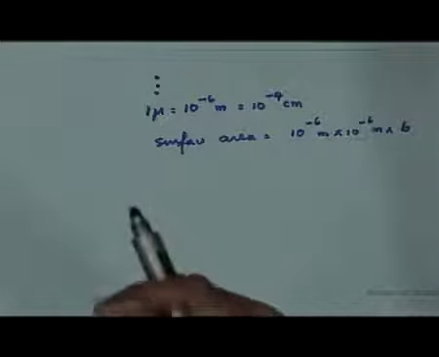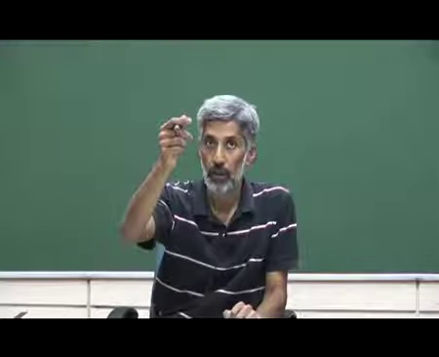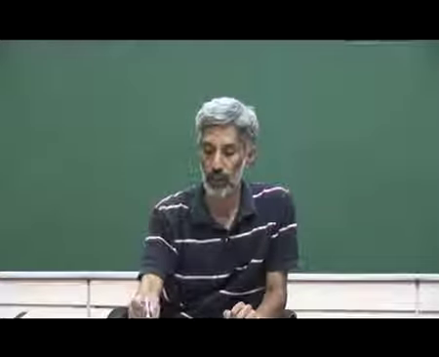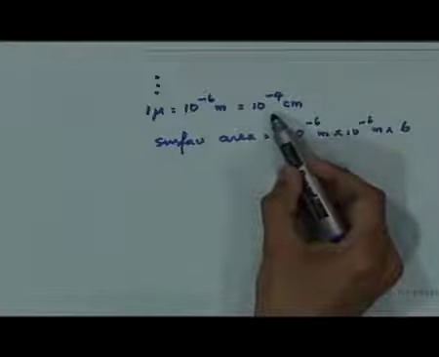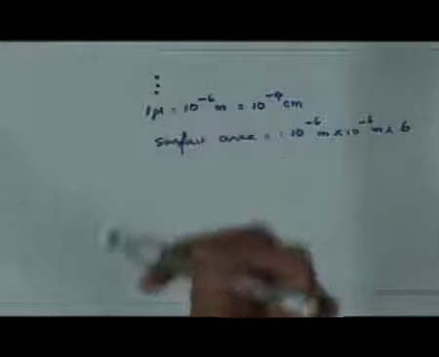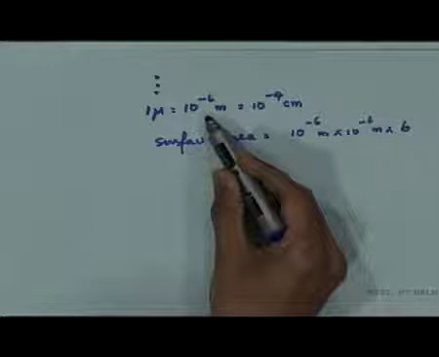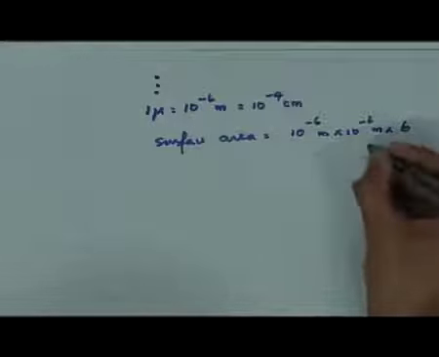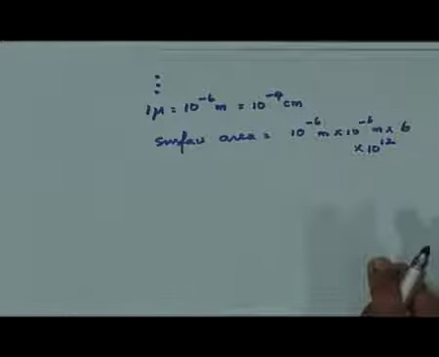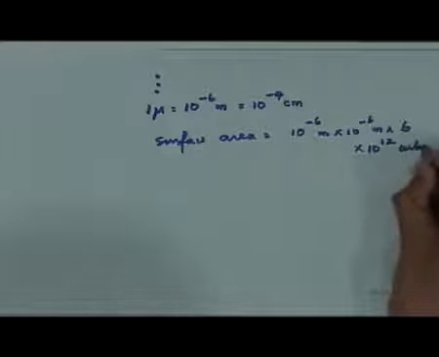But in going from 1 centimeter down to 10 to the minus 4 centimeter, or from 10 to the minus 2 meters to 10 to the minus 6 meters, I have gone down by 4 units. So, I would then have to multiply it by 10 to the 12 such cubes that I have got. So, the number of cubes is 10 to the 12.